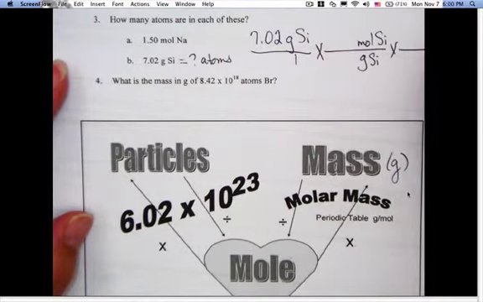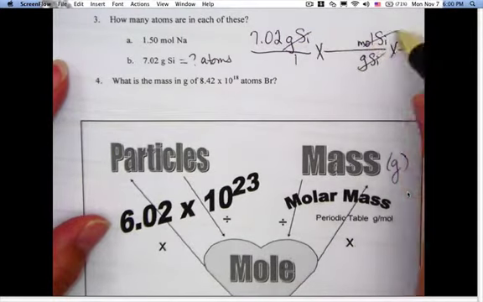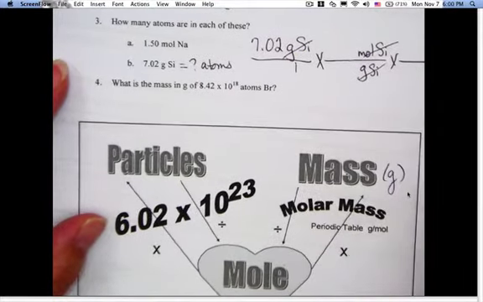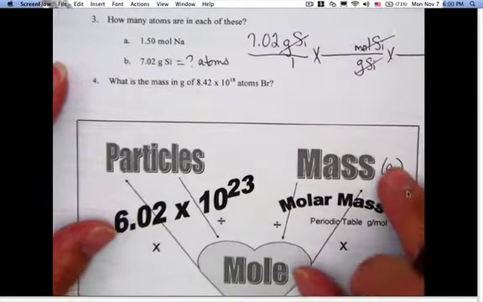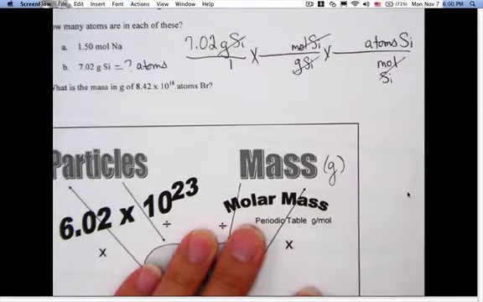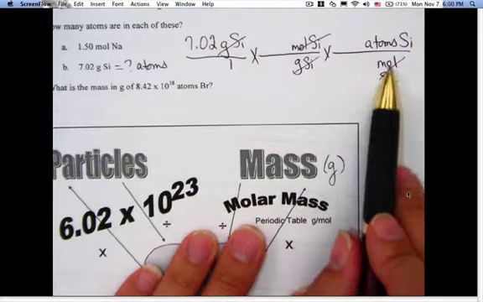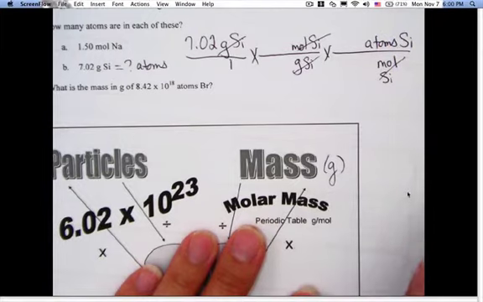And I'm looking for atoms, so atoms of silicon on top. Notice this way I get my units to cancel out. Got to have atoms at the end. So next I can go through and fill in the numbers that I need. See, grams of grams, moles of moles, cancel out. It's going to give me atoms at the end.